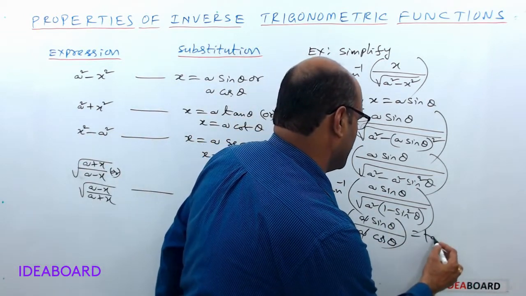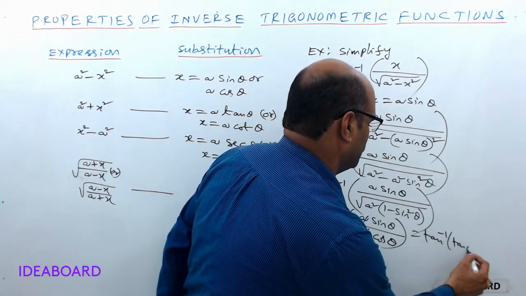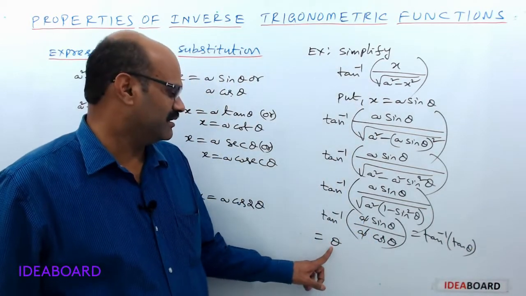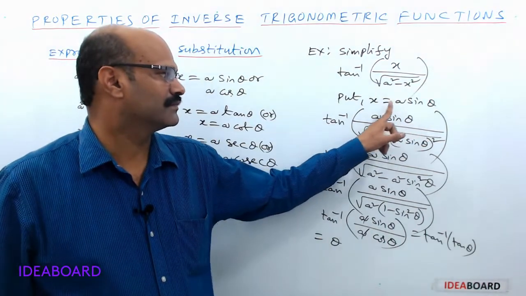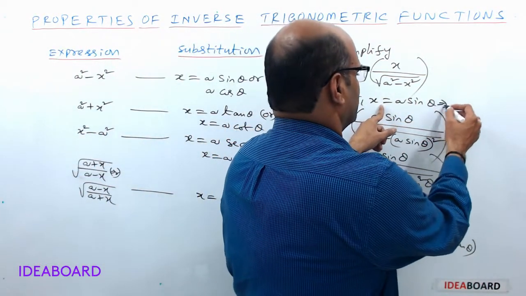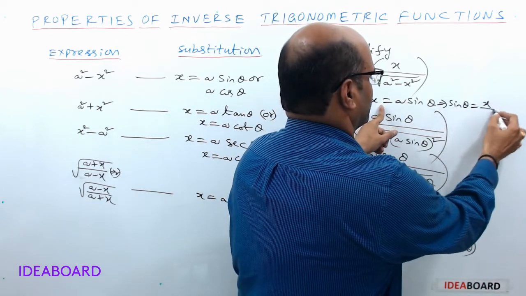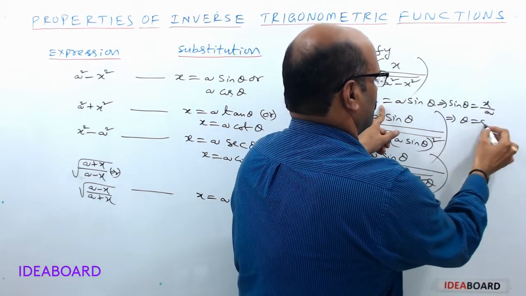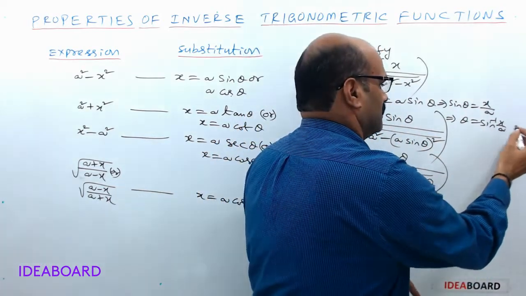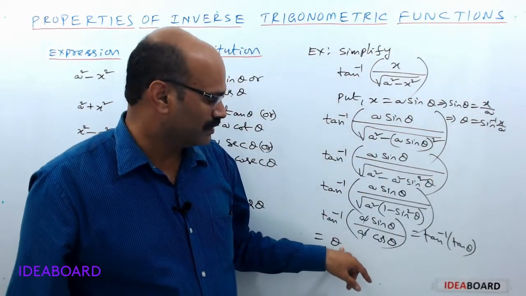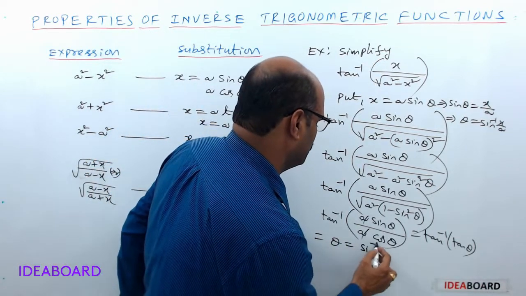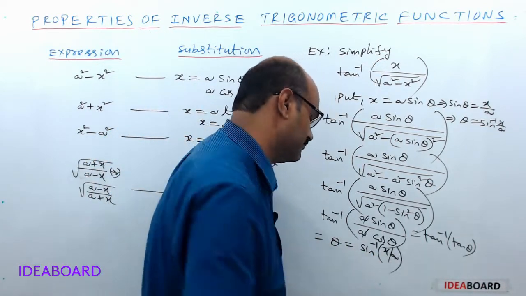So, it implies we have tan inverse of tan theta equal to theta. Here, theta equal to sin inverse of x by a. It implies sin theta equal to x by a, so theta equal to sin inverse of x by a.